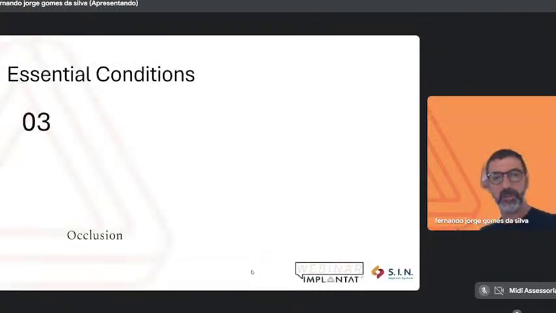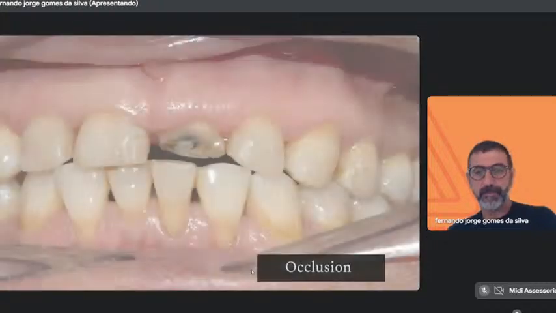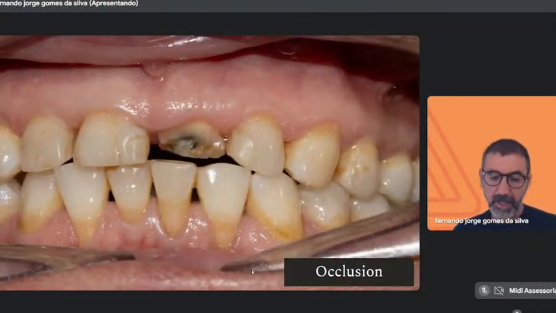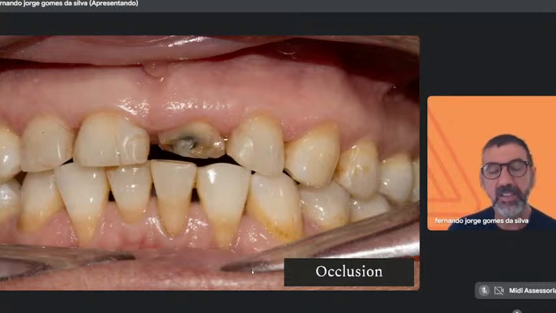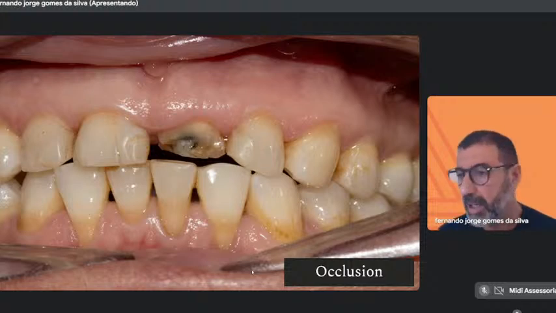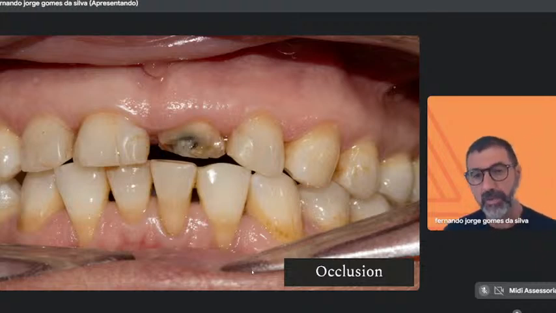So the third point is occlusion, and we have to check the space between the maxilla and the mandible, the space to achieve and make our provisional crown and start shaping our emergence profile.